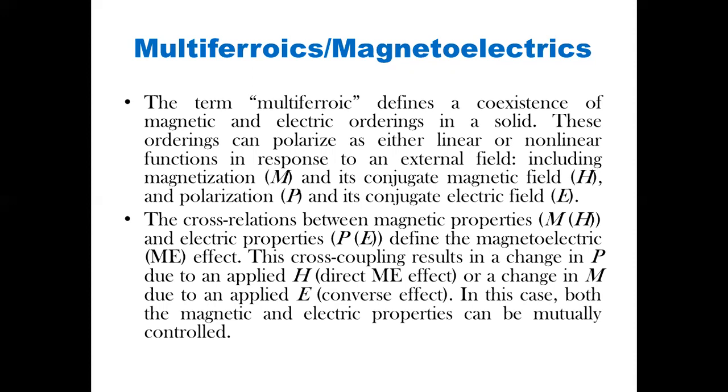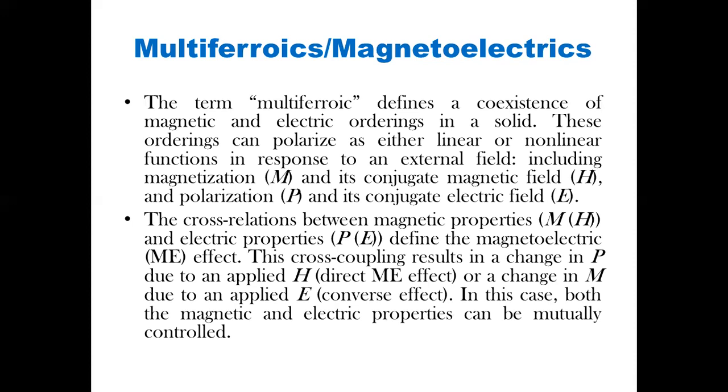And this is a linear or non-linear phenomenon because here the magnetization in the ferromagnetic material is controlled by the electric field, and the polarization in the piezoelectric material is controlled by the magnetic field.